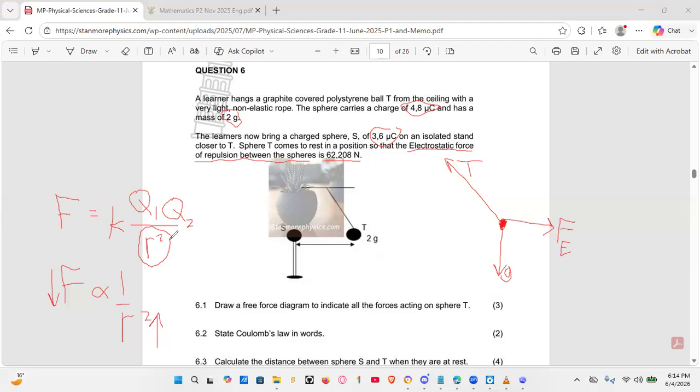So you have the force, you have the two charges. Can you find the distance? Is it not the 62.208? What about that?